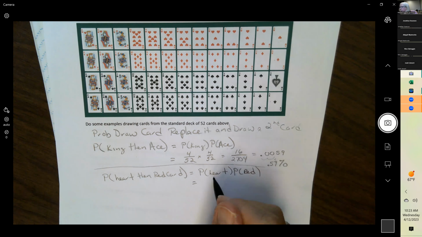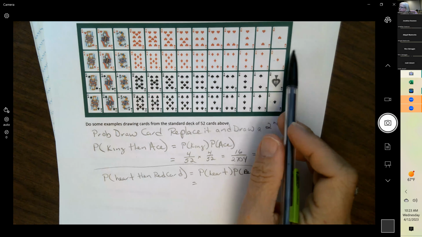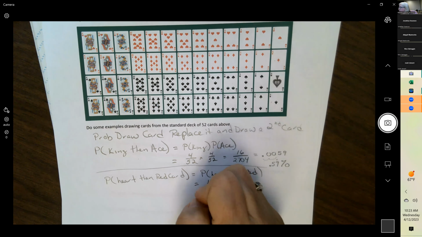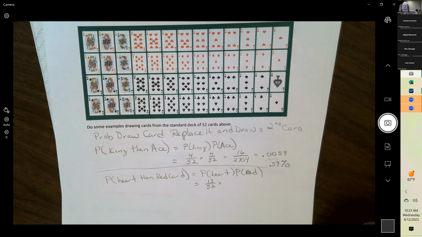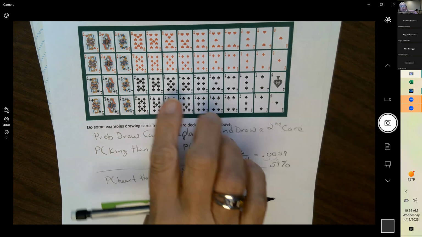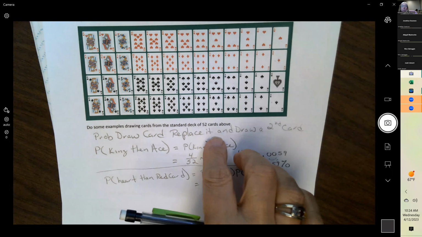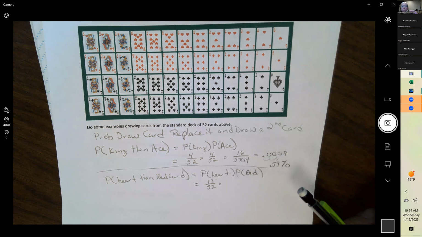So probability of a heart, there's 13 out of the 52. And you don't need to reduce these, but heart is 1 out of the 4 suits, it's 1/4. So that would work also.